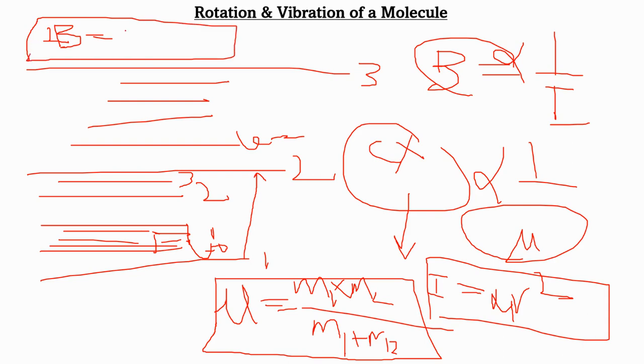Then from the value of 2b we can find the value of b, and if either the effective mass or the distance between the two atoms is known to us, then we can find out the value of the moment of inertia or the effective mass.